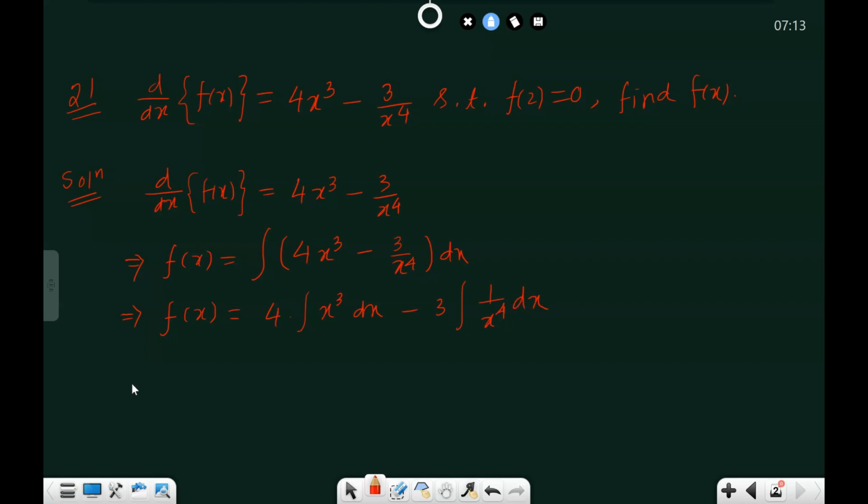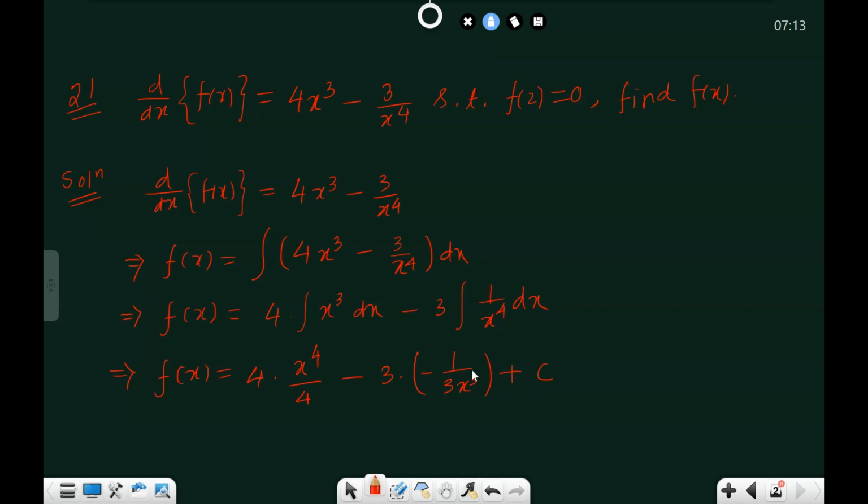That implies f(x) is equal to 4 into x cube integral, which is x power 4 divided by 4, then minus 3 into the integration of 1 by x to the power 4, which is minus 1 by 3x cube, and plus the constant of integration c.